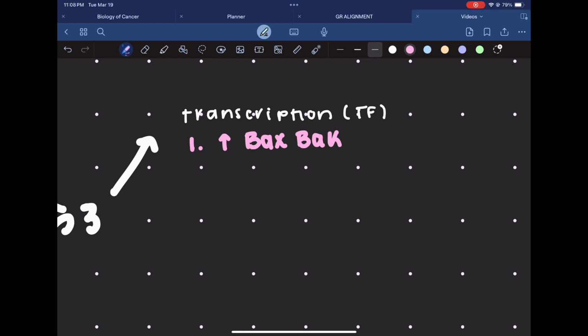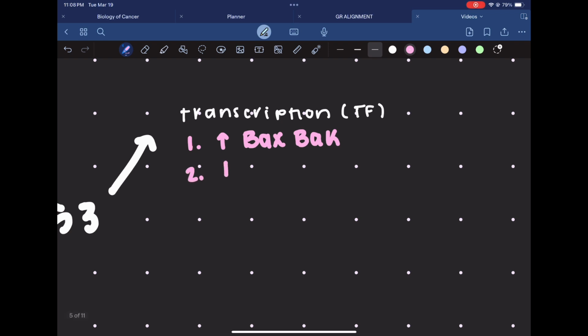So we want to have more of those pro-apoptotic proteins present to be inserted into the mitochondrial membrane. It's going to produce less of our pro-life proteins.